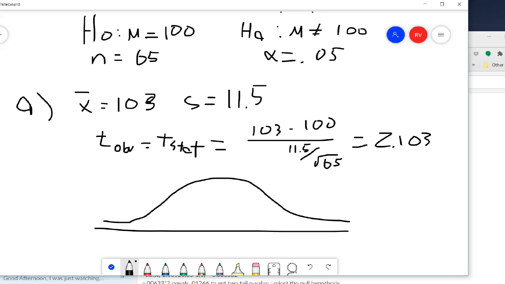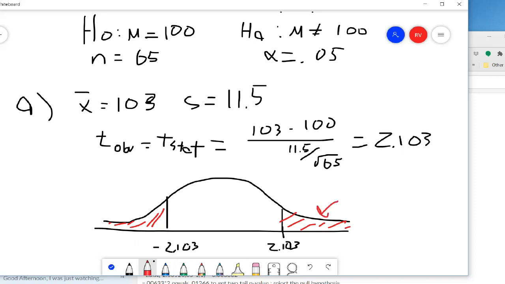This is 2.103, it's up over here, and I'm going to find the area that's beyond that. And I want to find the area beyond it on the other side, negative 2.103, because these are symmetric. And I want to add those together. But it actually suffices to find one of these and then to multiply by 2.